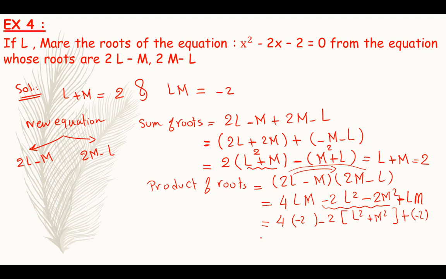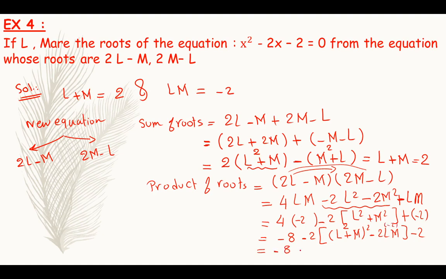Now you have 4 times negative 2, which is negative 8, minus 2 multiplied by L squared plus M squared. This is one of the rules, which equals (L plus M) squared minus 2LM, and then minus 2. Here you know that L plus M equals 2 and LM equals negative 2.